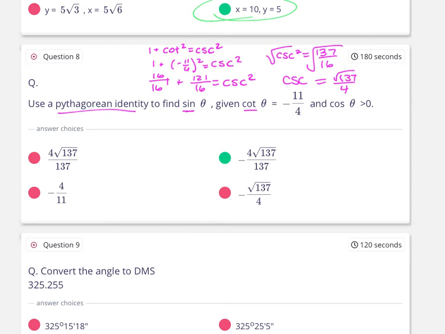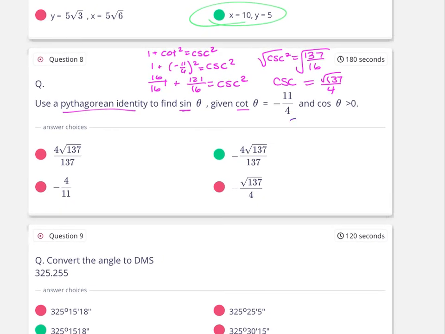Now I have to figure out the sign. Remember, I flip it for sine. Sine would be 4 over root 137, which then gets rationalized to 4 root 137 over 137. But I also have to figure out the positive or negative sign based on the cotangent and this cosine that's given to me.